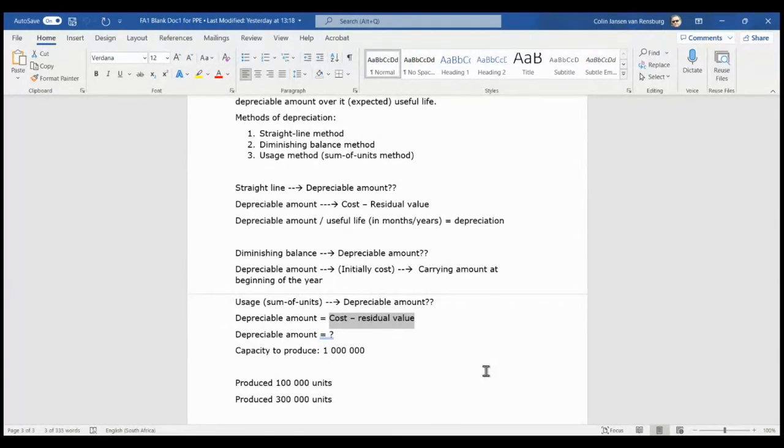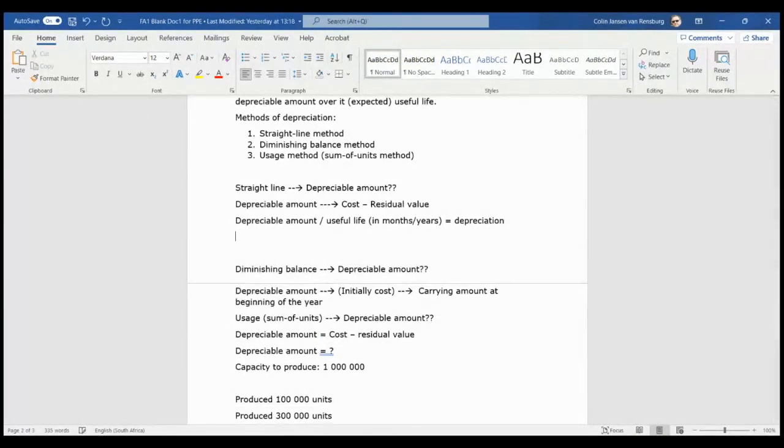Okay, so now let's give this some figures, ladies and gentlemen. I want us to make these fairly simple figures so that we can easily calculate them for ourselves. So let's say, for instance, the cost. We're going to use this in all. Maybe I should type this on top.